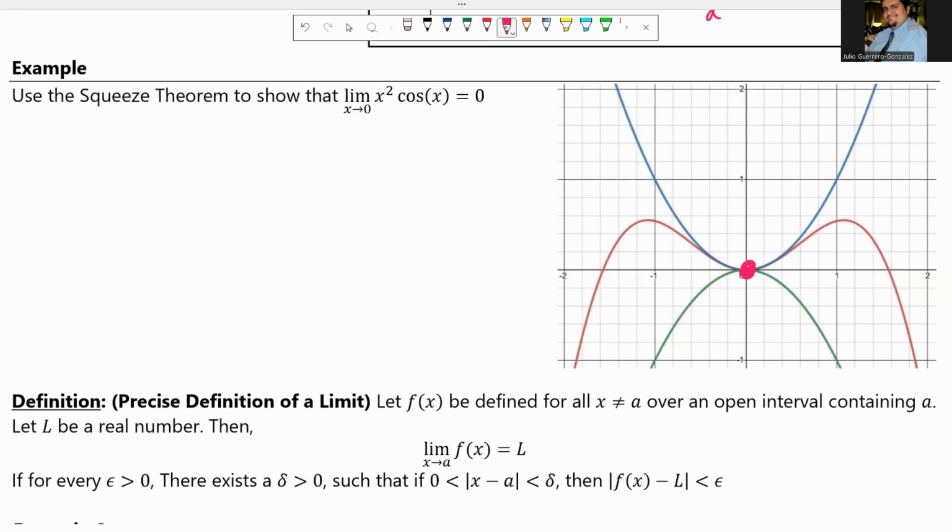Okay? But the way that we're going to do it is this way. This is x squared, and this other green one down here is minus x squared. So I can say that minus x squared is the lower one. Positive x squared is the higher one. And x squared cosine of x is right smack dab in between. Yeah? Two more things need to be written down.